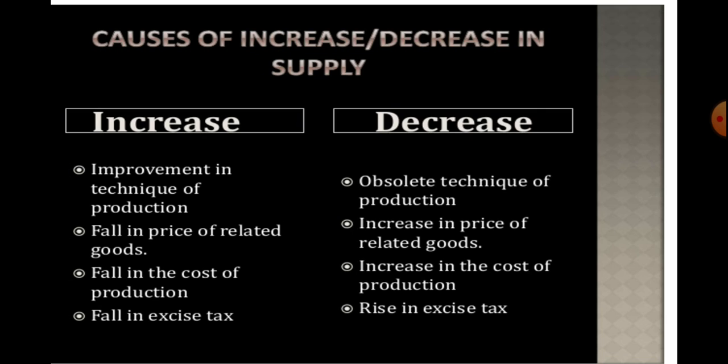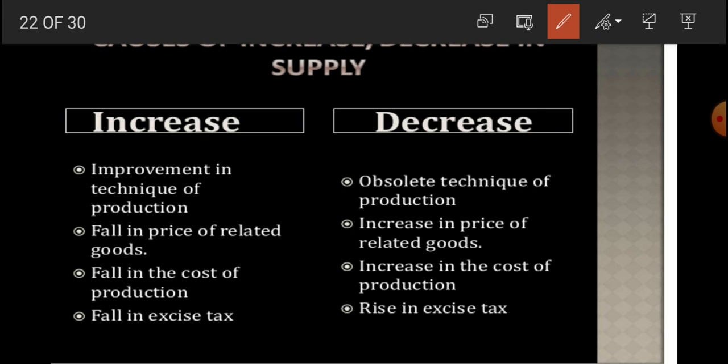Second, fall in price of related goods. As we have already discussed, there are two types of related goods. One is the substitute good and second is the complementary good. Let's discuss substitute goods. One is tea and second is coffee.